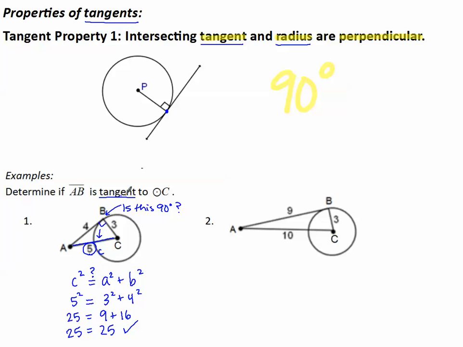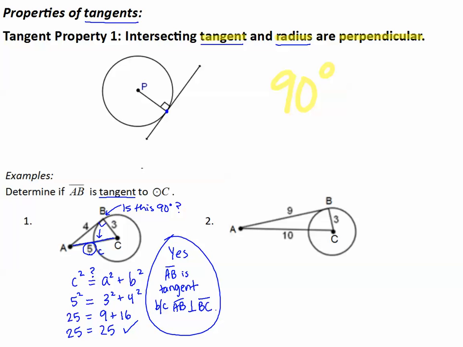So is segment AB tangent? Yes. Segment AB is tangent because segment AB is perpendicular to segment BC, this being the tangent, this being the radius.